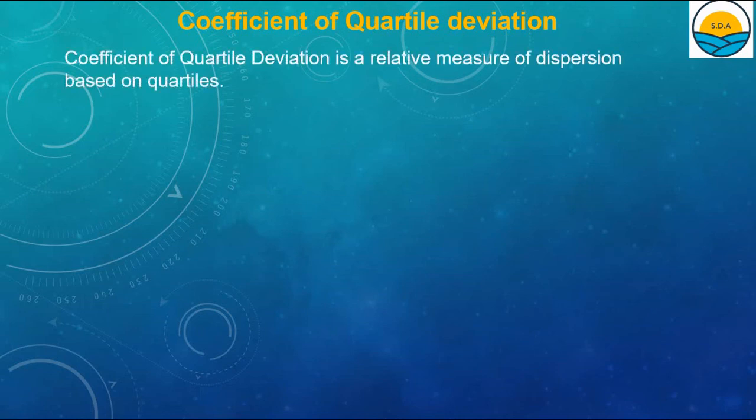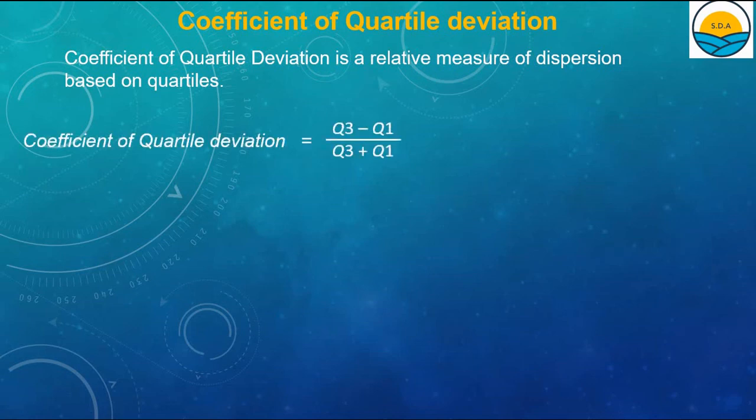Like any other coefficient, it can be defined as the relative measure of dispersion based on quartiles. The formula for coefficient of quartile deviation is Q3 minus Q1 upon Q3 plus Q1.